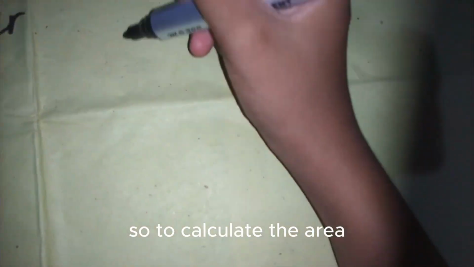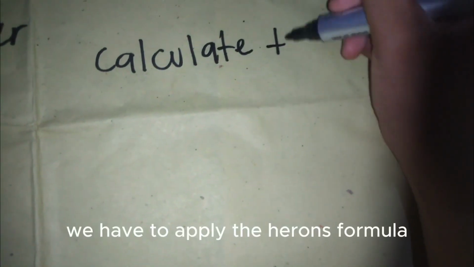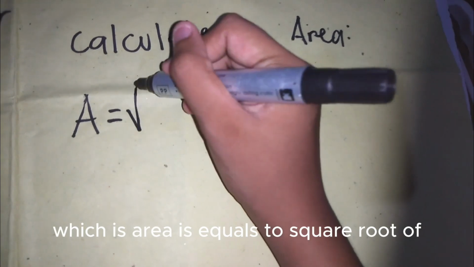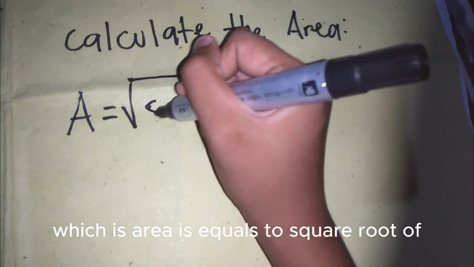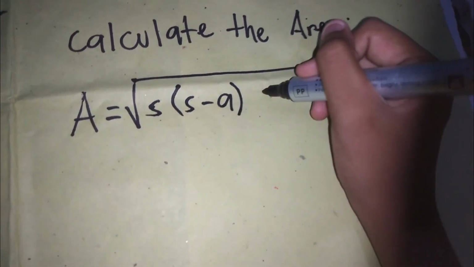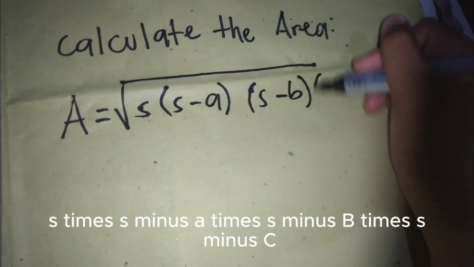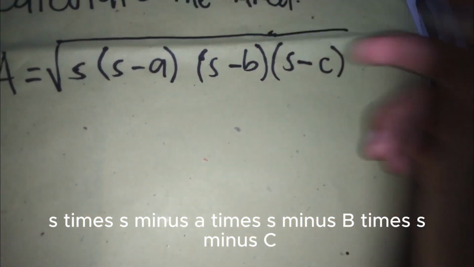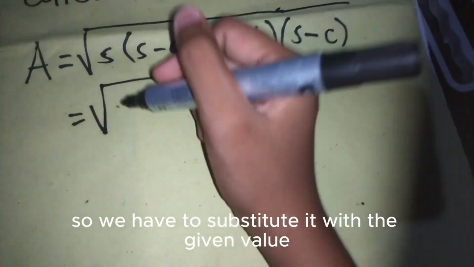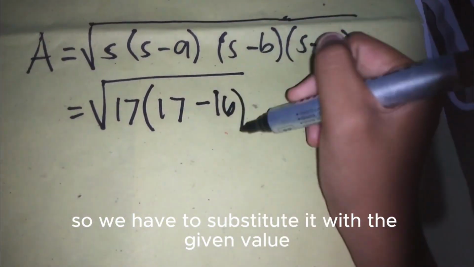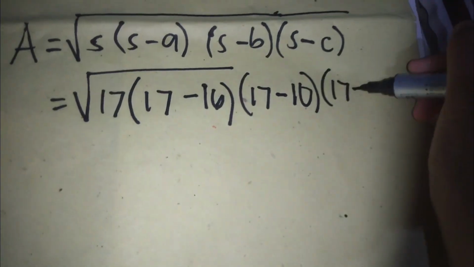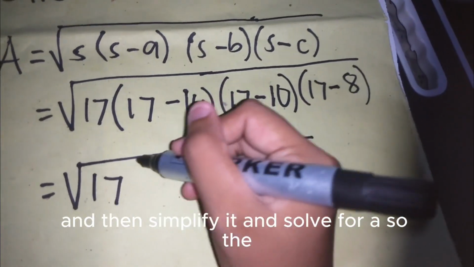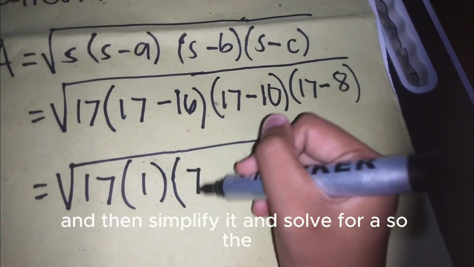So to calculate the area, we have to apply Heron's formula, which is area equals the square root of S times S minus A times S minus B times S minus C. So we have to substitute the given values and then simplify.